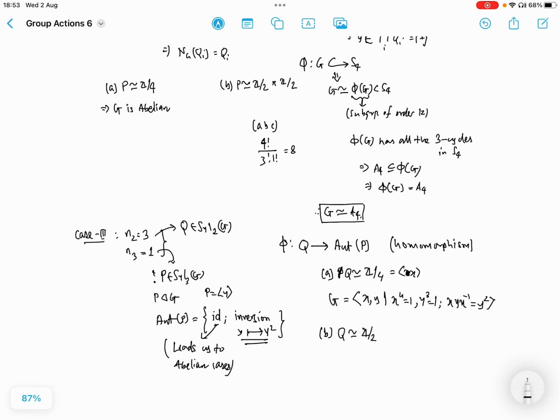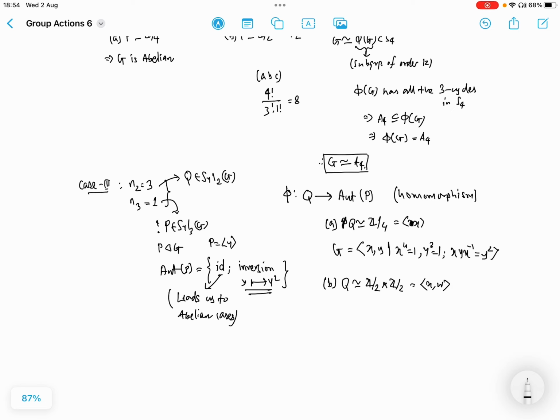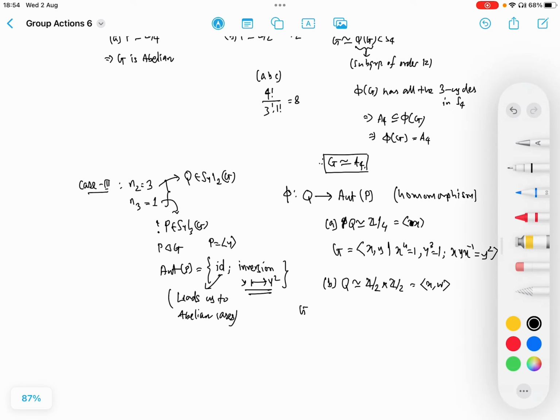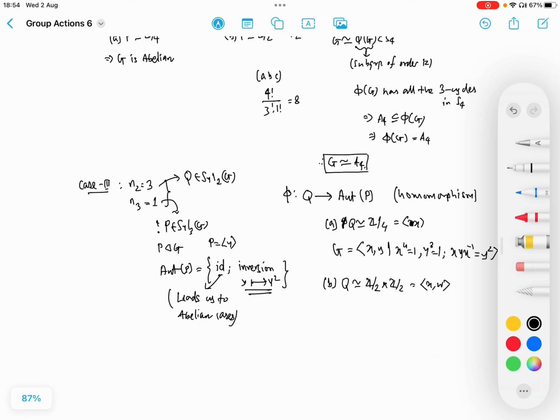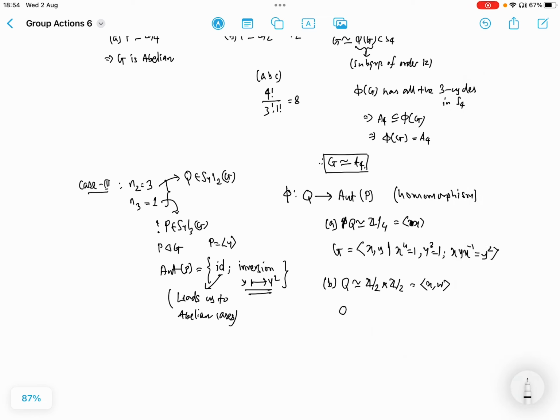And now, if you take Q to be Z mod 2 cross Z mod 2, then suppose Q is generated by X and W. Then you can write the presentation of Q in this way: Q is generated by two elements such that both squares are 1 and they commute.